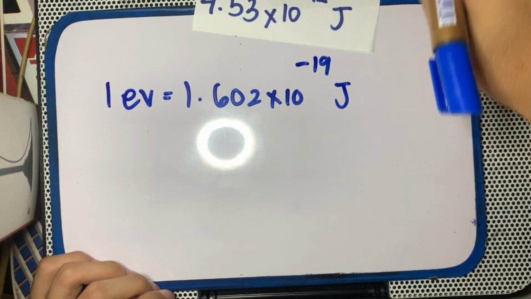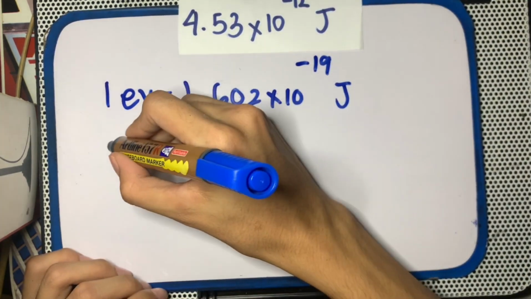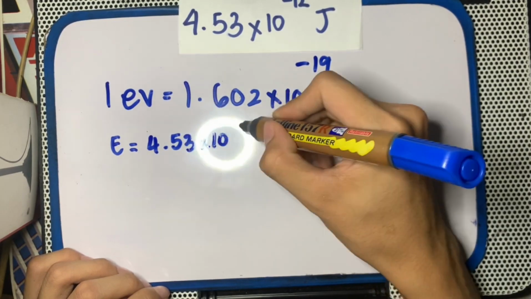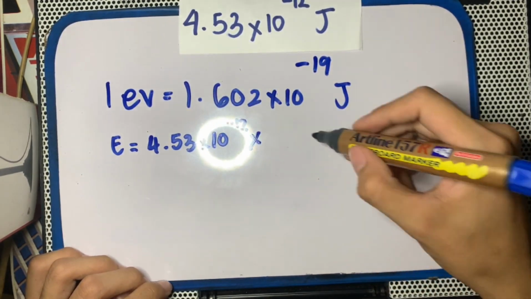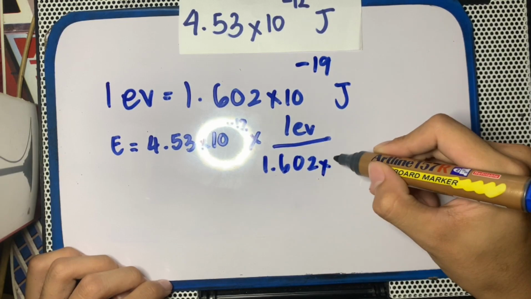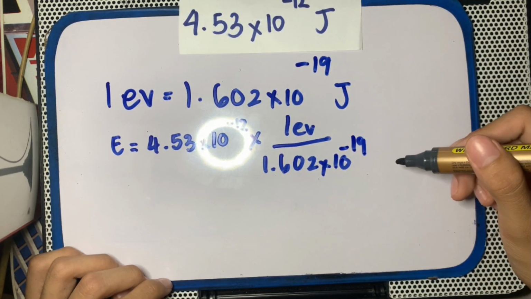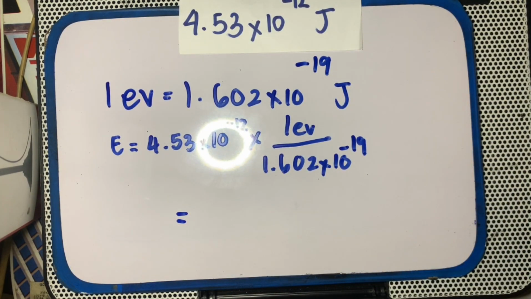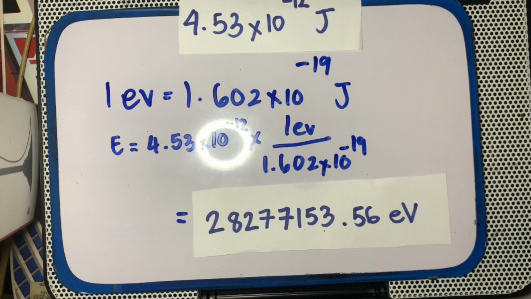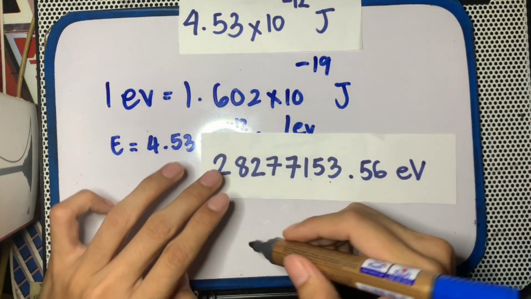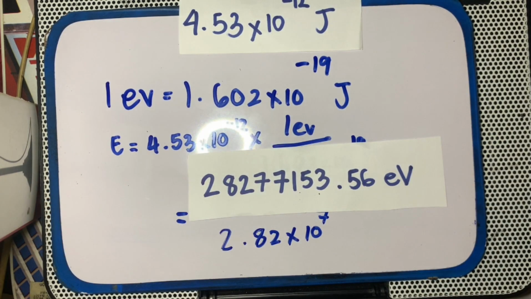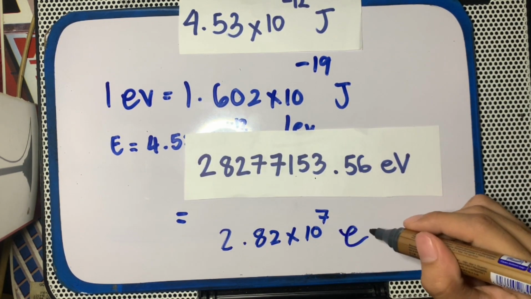So to compute, it is equal to 4.53 times 10 raised to 12 times 1 eV electron volts over 1.602 times 10 raised to negative 19, which will equal to 28,277,153.56 eV or 2.82 times 10 raised to 7 electron volts.